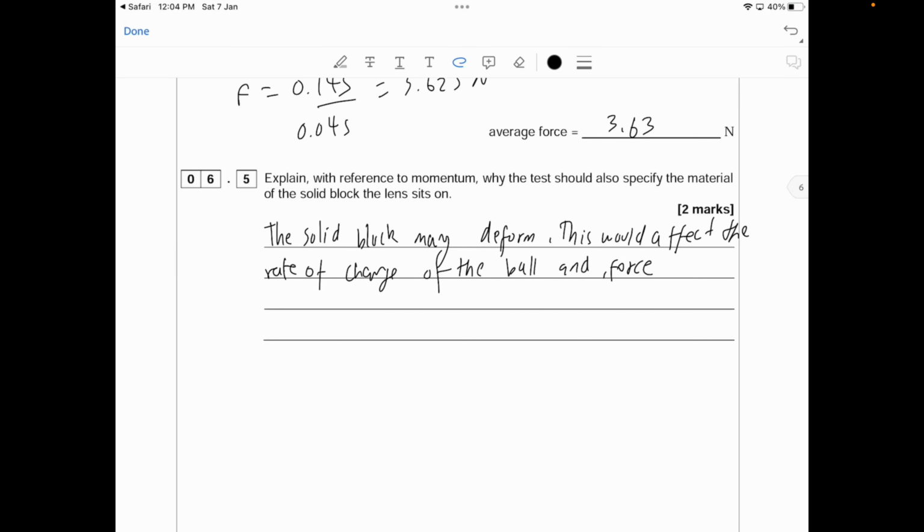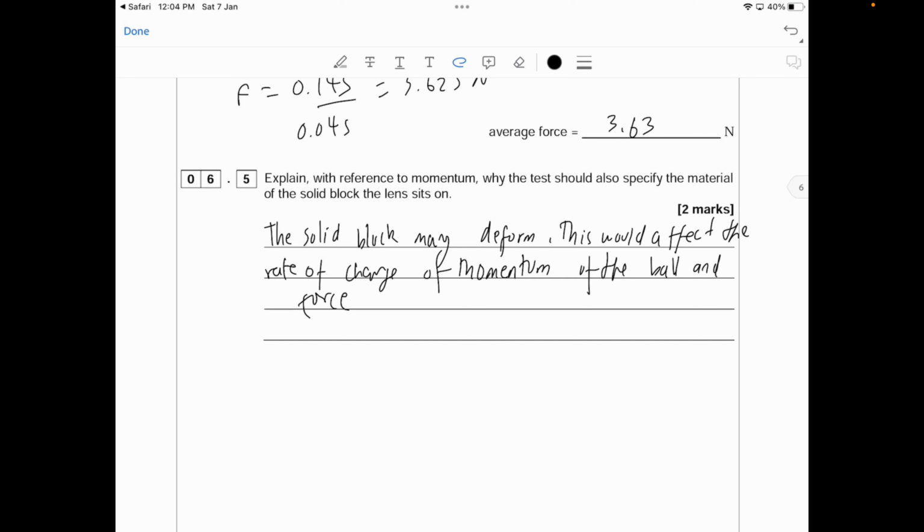So we can mention for 2 marks that since the solid block may deform, it would affect the rate of change of momentum of the ball and the force itself.